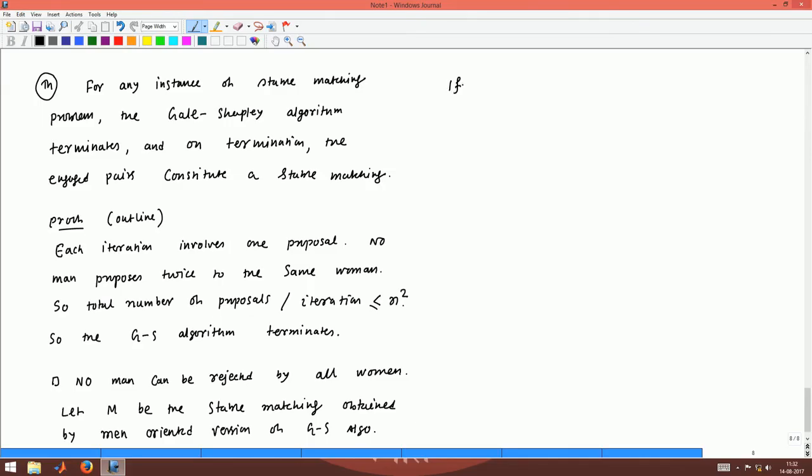Now we are talking about the possibility of a blocking pair.